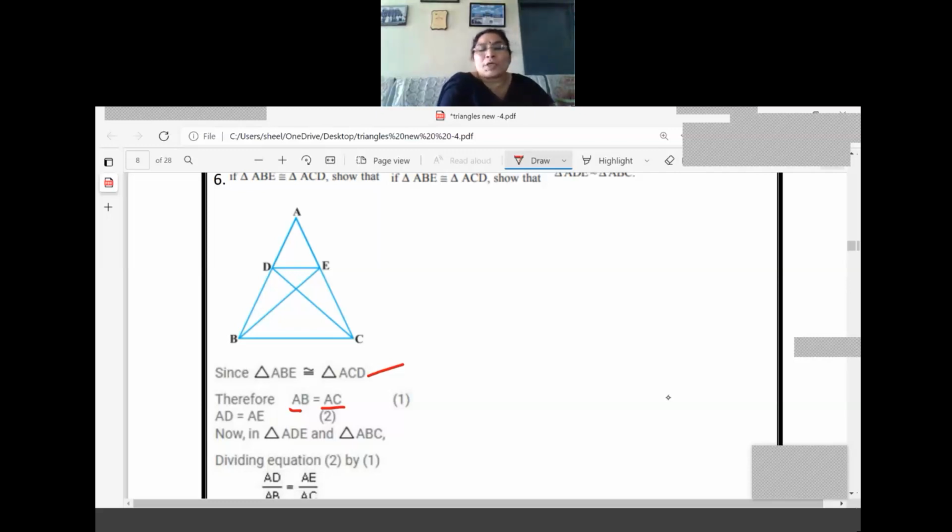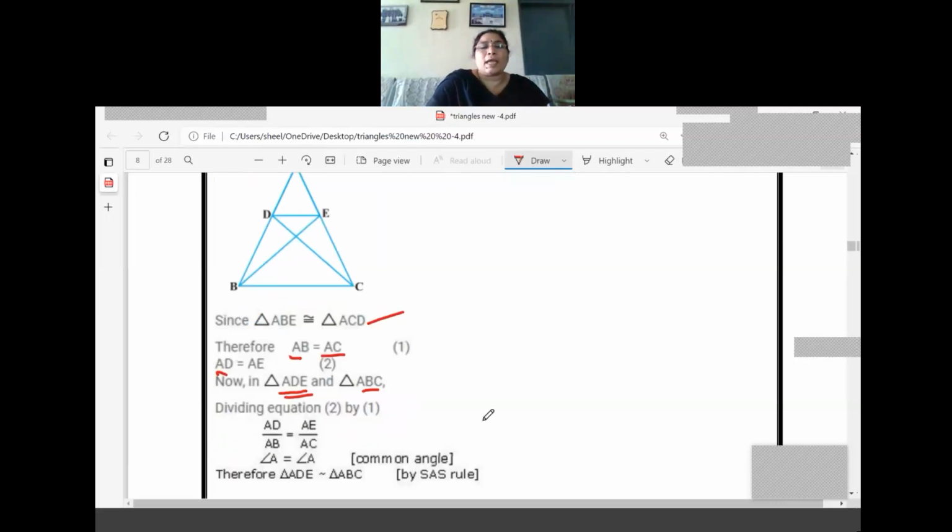Now which triangle do we want? ADE triangle first. So that is why here we have written AD, right? So ADE triangle we want first. So in triangle ADE, AD will come. So AD we have changed here. Triangle ABC is there. So ABC we can write. So AD by AB we have taken, right? AD by AB and AE by AC. What have we done here?